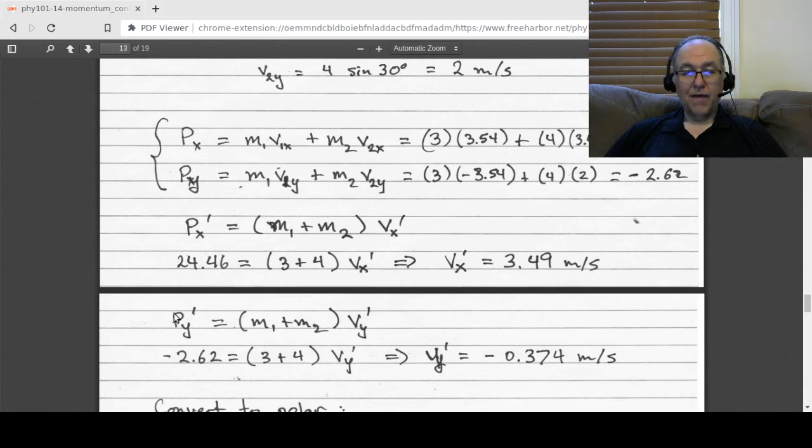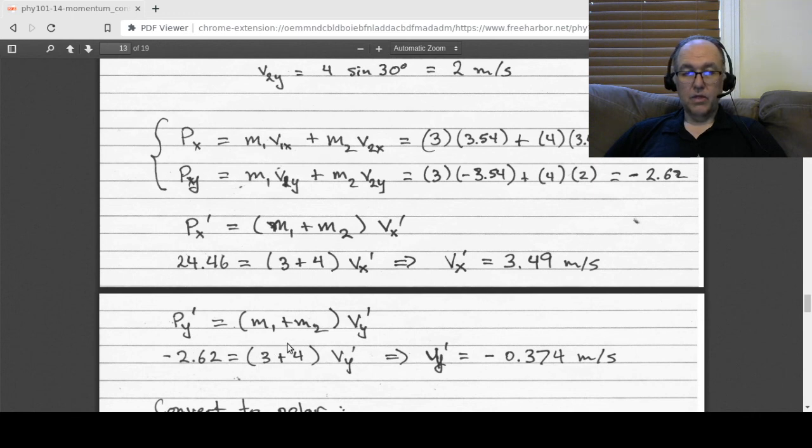For y, we have py prime, total momentum, y component after, has got to equal the combined masses multiplied by their combined velocity, y component only, okay? And py prime must equal py, conservation of momentum. So for py prime here, put in that negative 2.62.